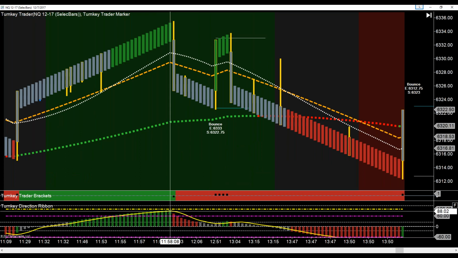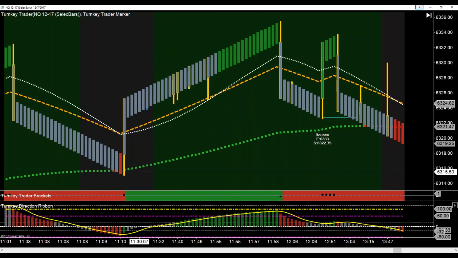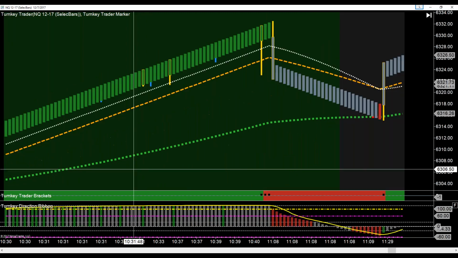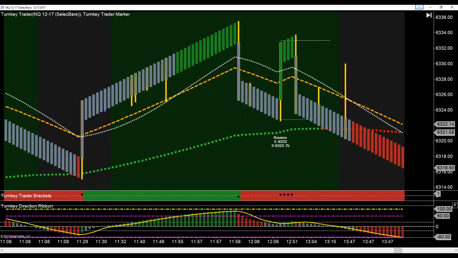Looking back at this one, the only thing I can see is that it didn't come from an extreme. While it necessarily doesn't have to, I like watching them come from an extreme. And the overall trend wasn't exactly great, but it's pretty decent. So I'm not sure if there was a way to avoid that one, honestly.